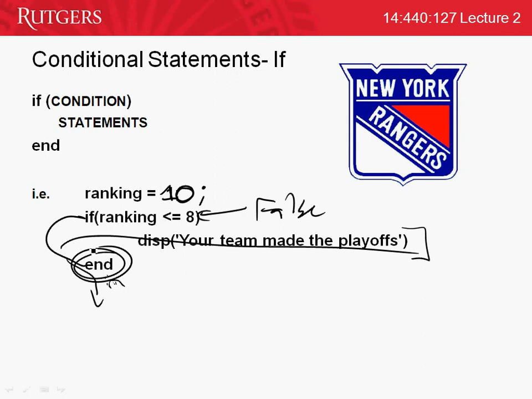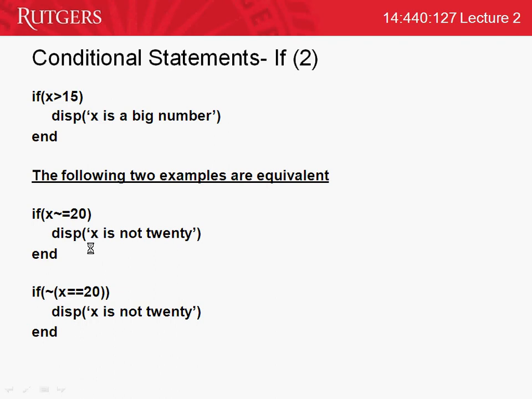Right. So now let's say we wanted to make a slightly more complicated conditional. Here's actually some more examples. Sorry about that. We can have a conditional that says, if x is bigger than 15, display x as a big number. So if x were 20, MATLAB would in fact display that x is a big number.